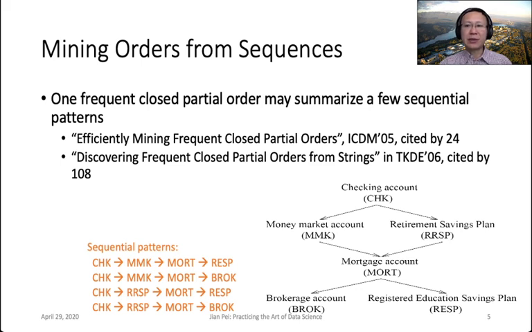For example, we see one customer opens a checking account, then a money market account, then a mortgage account, and then a registered education savings account. We collect all the data and want to ask what are the common orders in which customers open their accounts. Our approach can find frequent partial orders among those actions, those steps.